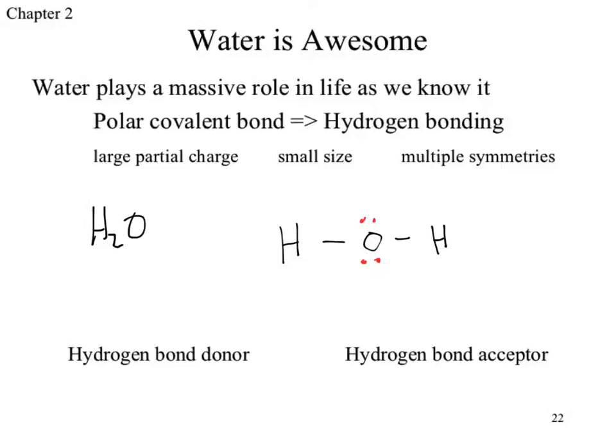And I bond that to fluorine. Do I have a large partial charge? No. If I am the only person on the planet, am I the strongest person or the weakest person? I'm both.